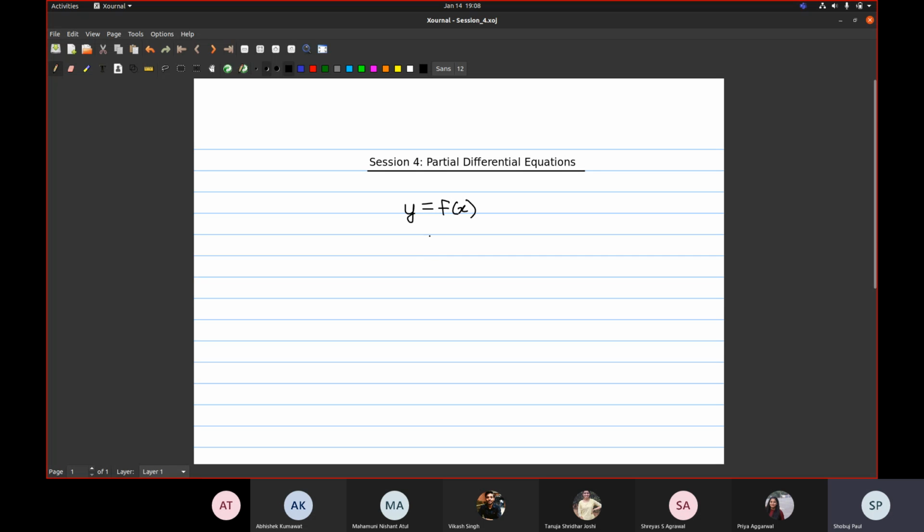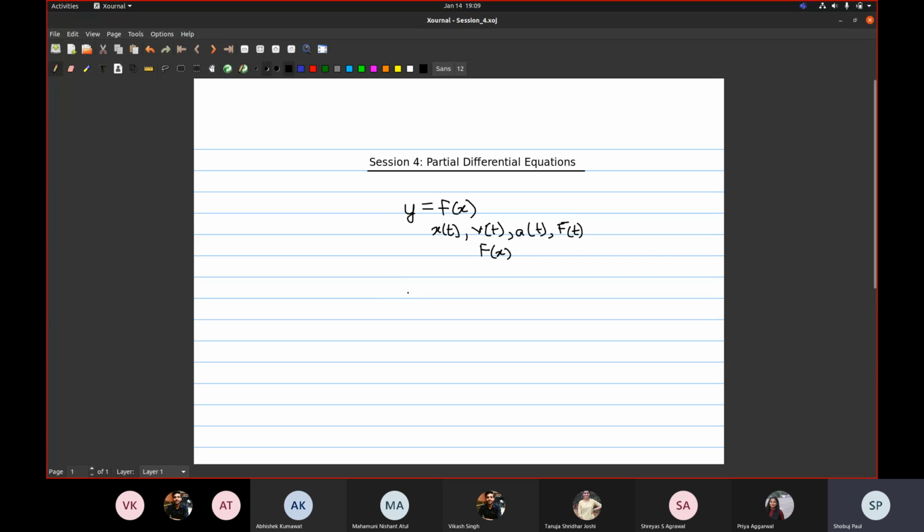Whether we talk about position as a function of time, velocity as a function of time, acceleration as a function of time, maybe force as a function of time, or in some cases, force as a function of distance. So these are all single variable functions, they form ordinary differential equations, and they're fairly easy to solve compared to partial differential equations.